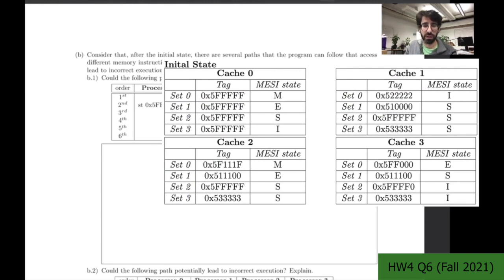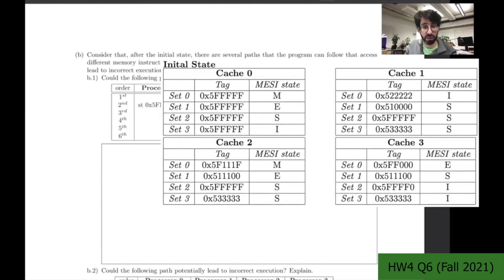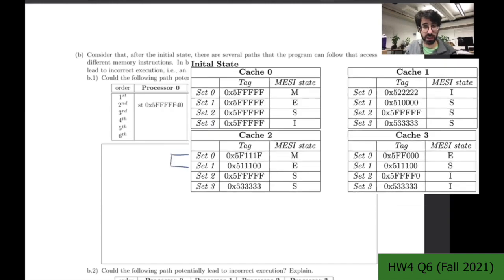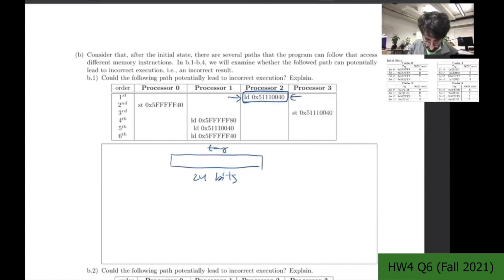So we have 3 bytes for representing the tag. And because we have 4 sets, we need 2 bits to represent the set, right? So we have 24 bits for the tag and 2 bits for the set.